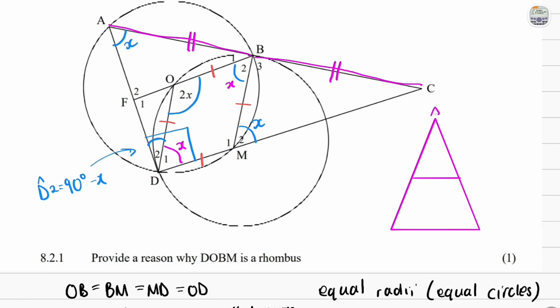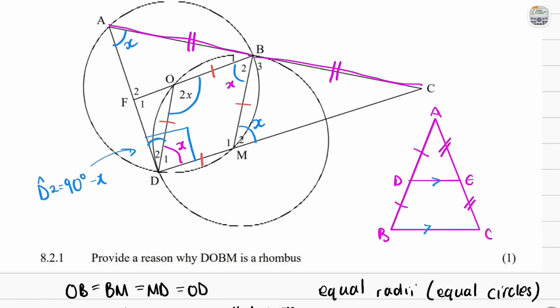If you are given a triangle, let's call it ABC, and you are given this line, let's call that DE, and you are told that AD is equal to DB and AE is equal to EC, then what we can conclude is that first, DE is parallel to BC, and also BC is twice the size of DE. So it's double the size of DE. That would be the midpoint theorem.